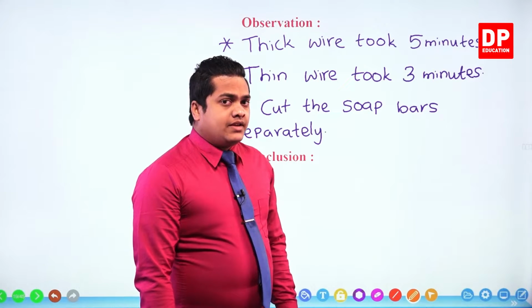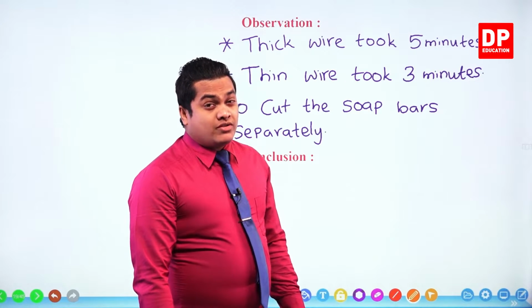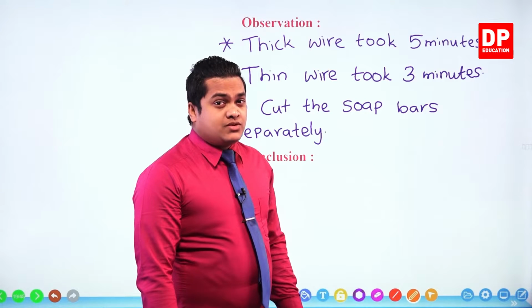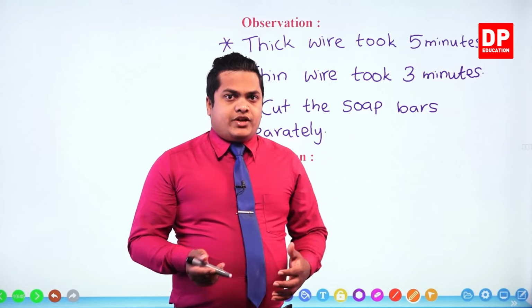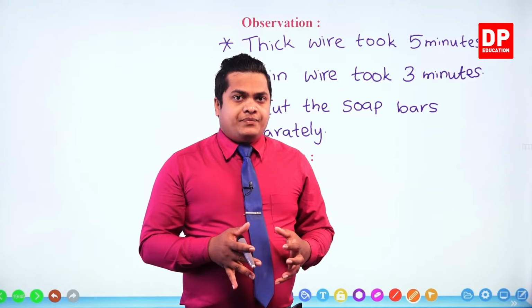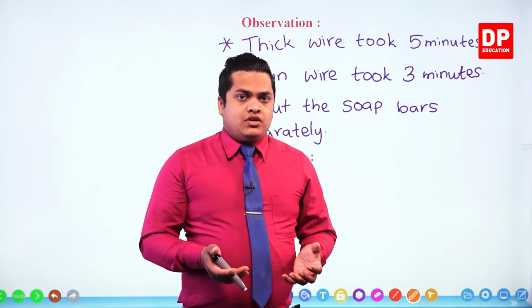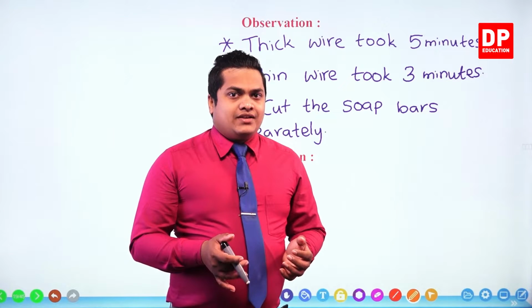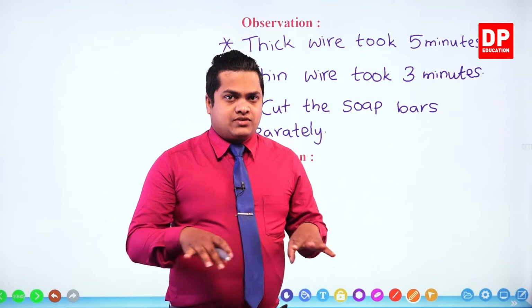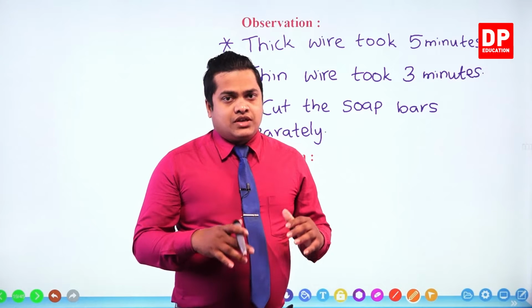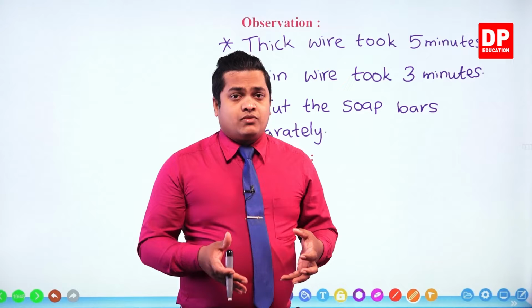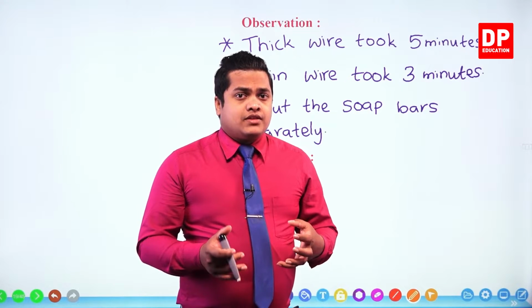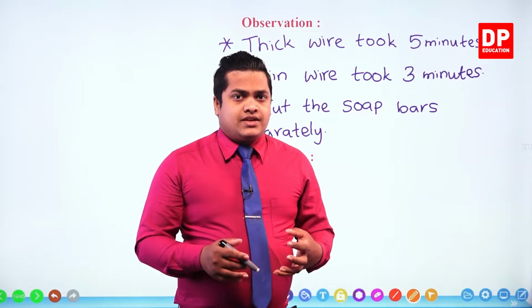It's because when the surface area is high, the pressure exerted on the soap bar is very less. So when lesser pressure acts on the soap bar, the tension created on the soap bar is going to reduce. Thereby more time will be taken by the thick wire to bisect the soap bar.